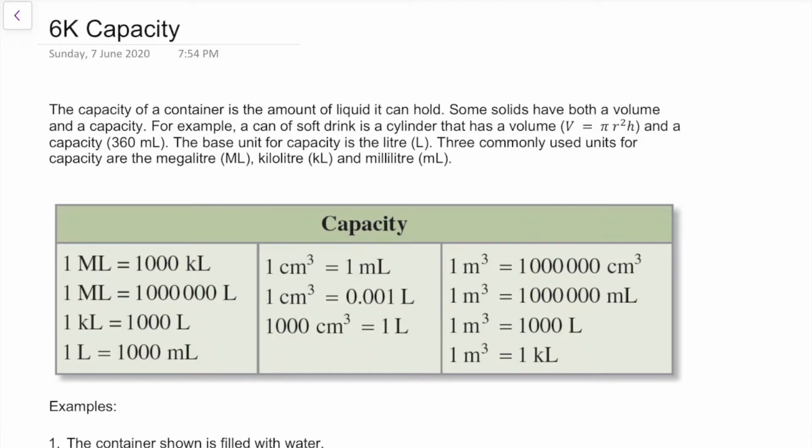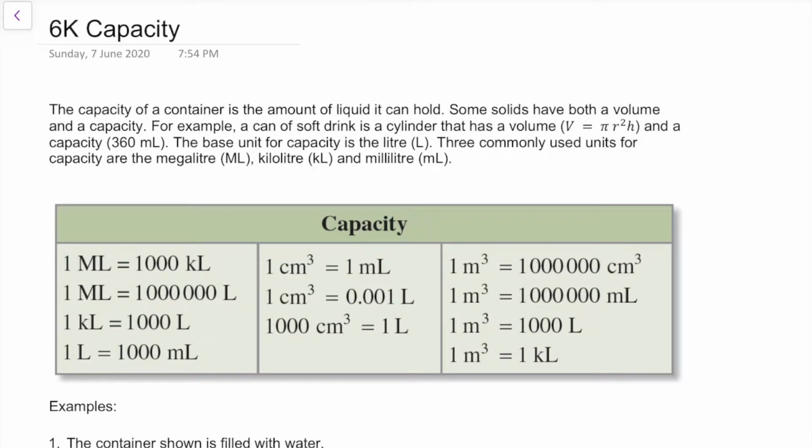Volume is more often than not just about your different measurement units such as centimeters, meters, kilometers, those types of things. Capacity, we're now moving into milliliters, liters, kiloliters. Okay, so we're trying to use slightly different terminology for these bits and pieces.